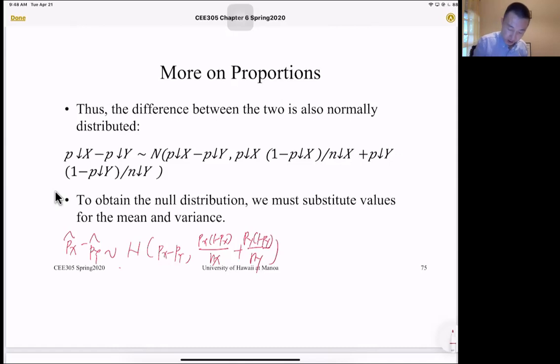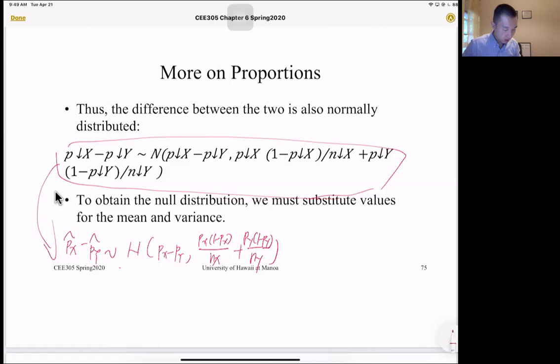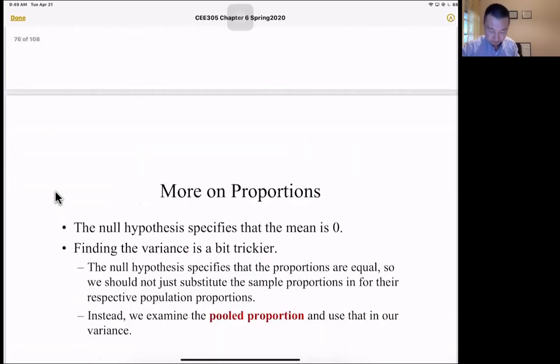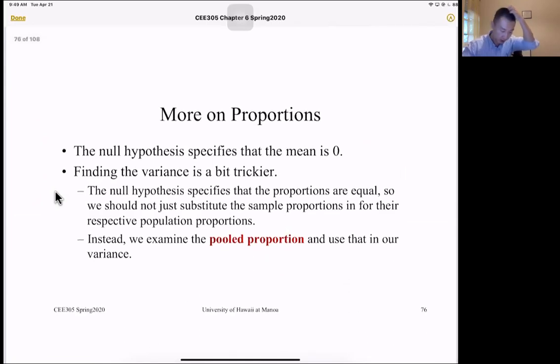Sorry, when I printed the PowerPoint slide, something went wrong here, but it should be this. To get the null distribution, we must substitute values for the mean and variance because we do not know the population mean and variance. The mean value is 0. So that's simple.